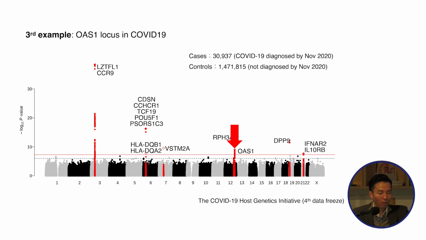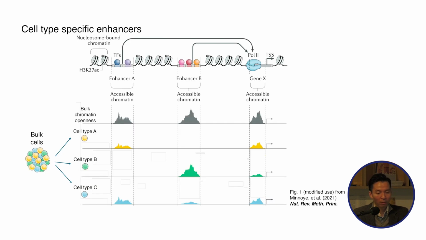So the last example is GWAS for COVID-19, which discovered the OAS1 locus in chromosome 12. To understand the mechanism underlying this locus, we should know that the use of enhancers is actually cell type specific.